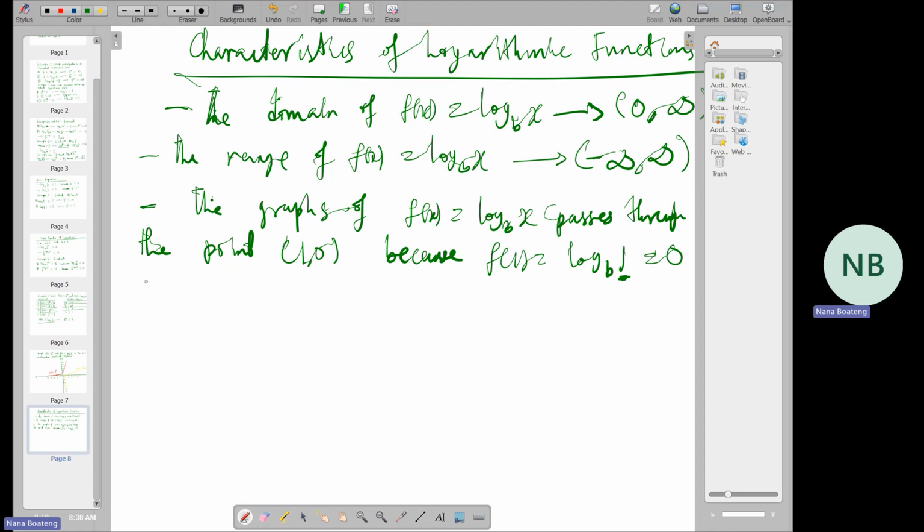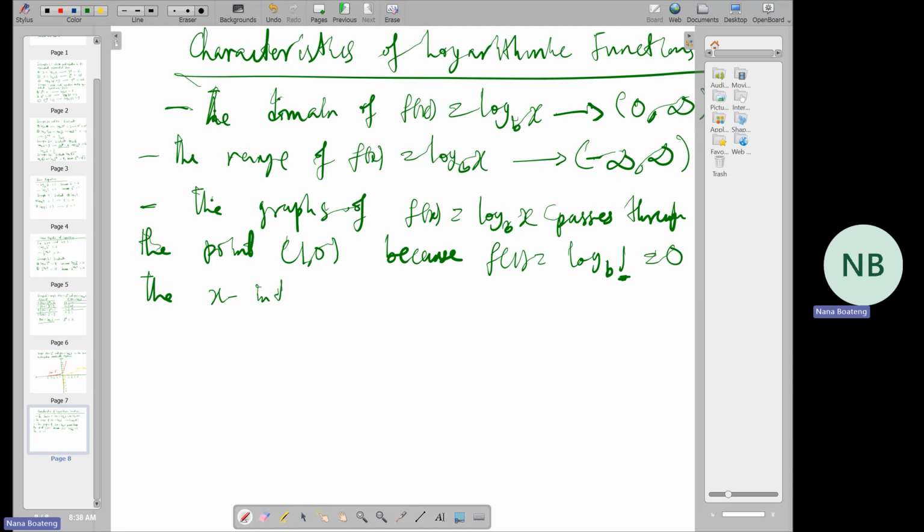So this means the x-intercept is 1, and there is no y-intercept. When x is equal to 1, y is equal to 0.